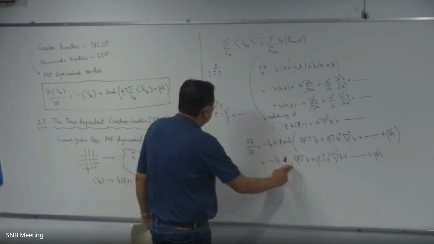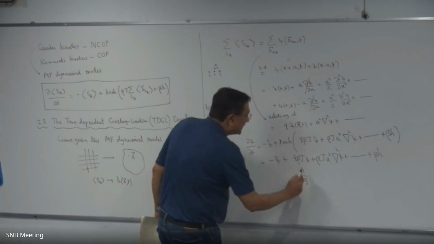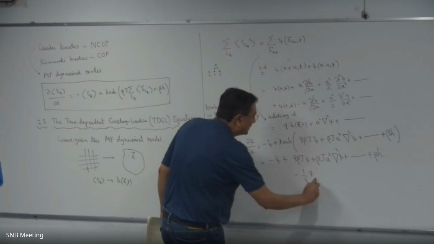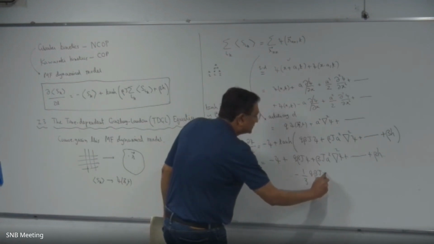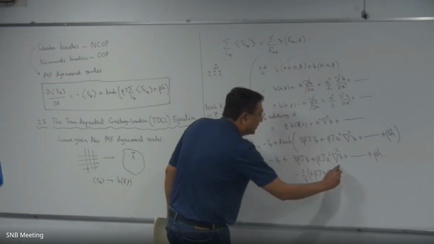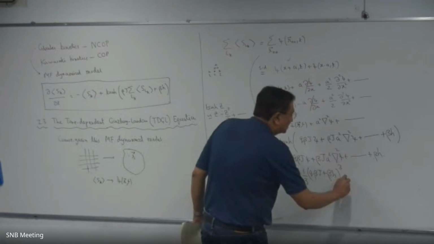So that's the linear term, and then the cubic term is just the cube of this, which I'm going to write again in a very arbitrary manner as psi cubed plus more terms.